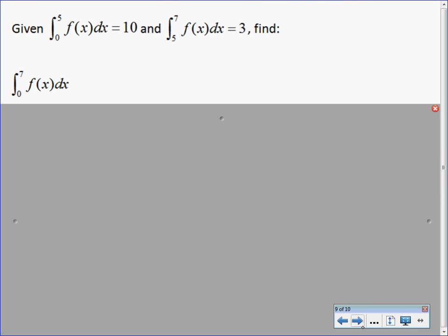This is the last thing I want to look at because you'll have a couple like these on your homework. Now look, I've given you an integral and what it equals. We're not doing Riemann sums in this problem.